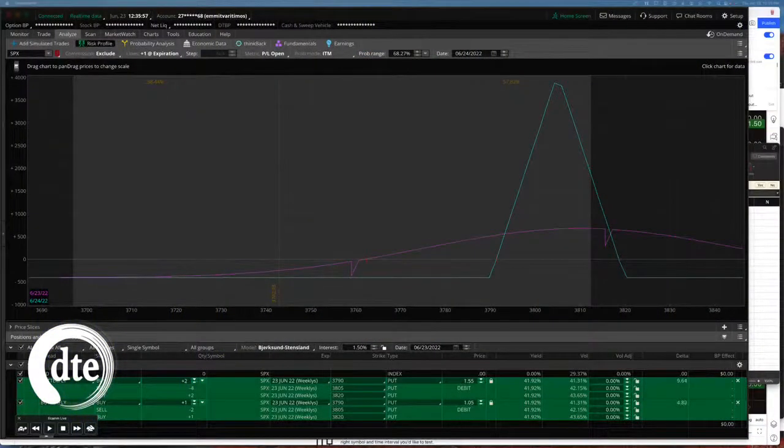So let's first take a look at the trade that I put on earlier. So the first trade that I put on. Now, first of all, let me just talk a little bit about before I even do that.